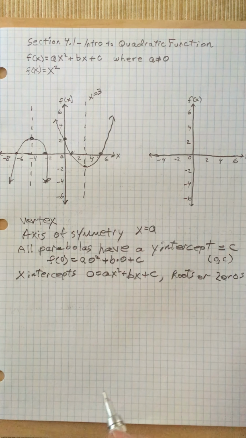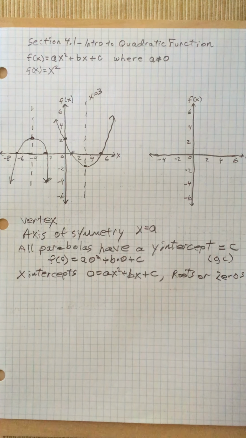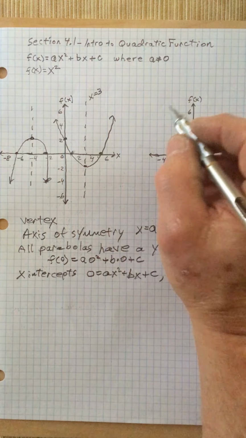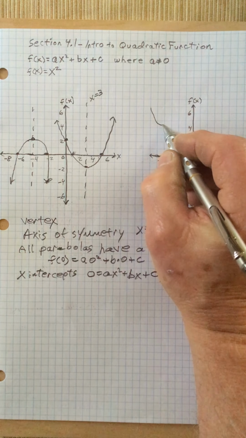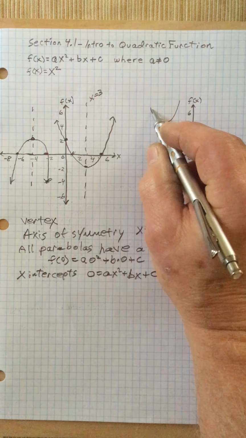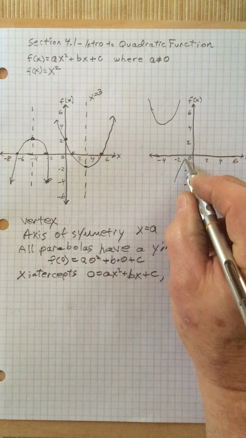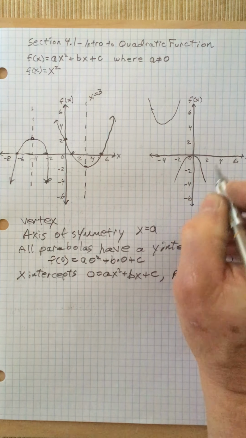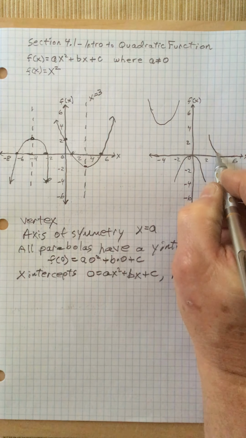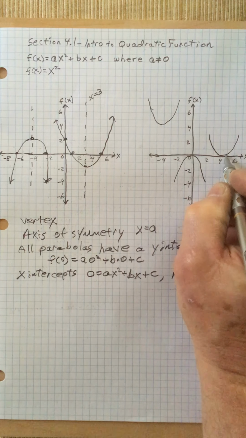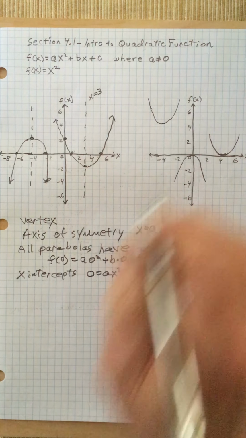No. Let me draw a couple more parabolas. You can see some things that might happen here. What about something up here? Or maybe a parabola here, or even one here. That's going to just touch.